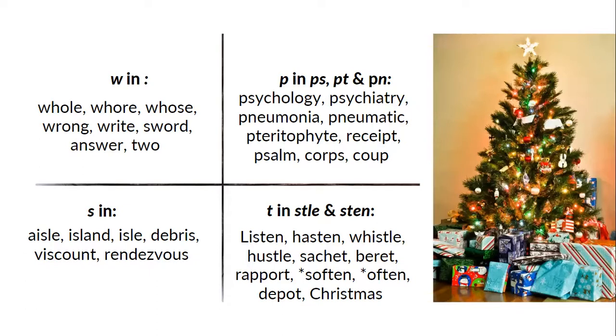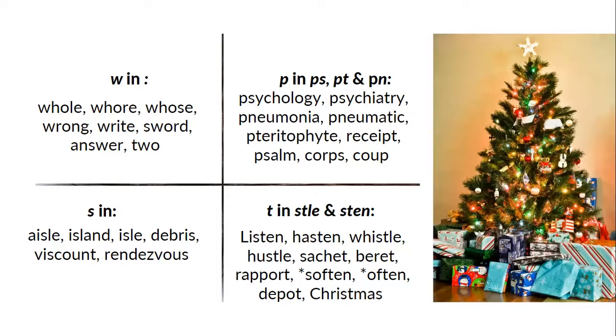Letter P is silent when it comes before S, T, or N, especially at the beginning of words. Now, sometimes for the PT, it would be at the end. Psychology, psychiatry, pneumonia, pneumatic, pteridophyte, receipt, psalm, corps, and coup.